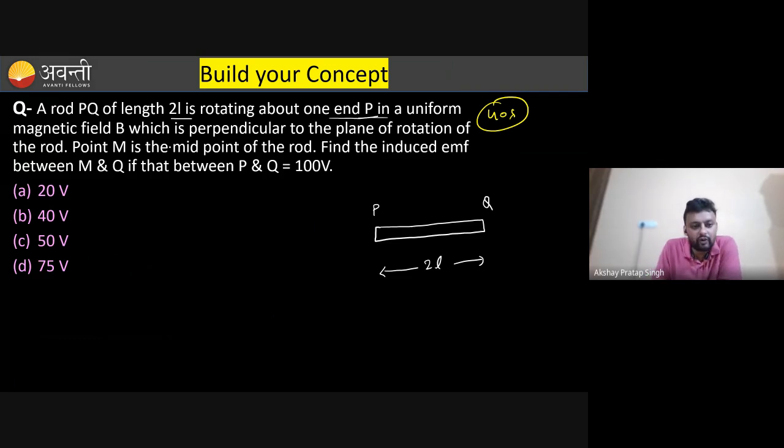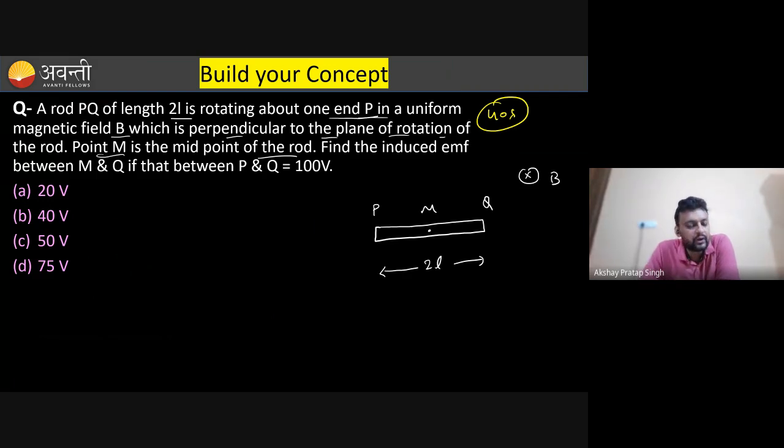In a uniform magnetic field B, which is perpendicular to the plane of rotation. Point M is the midpoint of the rod. Let's draw the midpoint as well.